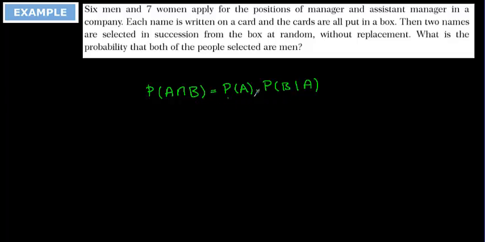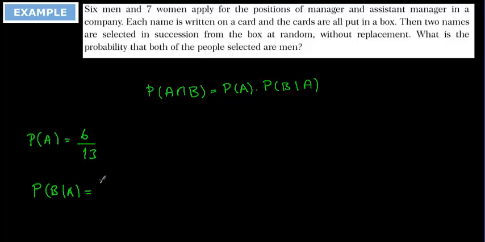And what is the probability of A? What is the case A? Let's write that first. Case A: the first person who is selected is going to be a man. The probability of A: there are totally 6 men and 7 women, so it is 6 over 13, since there are 13 people in total. And the probability of B, the second case: again we want a man, but we know that the first one is a man.